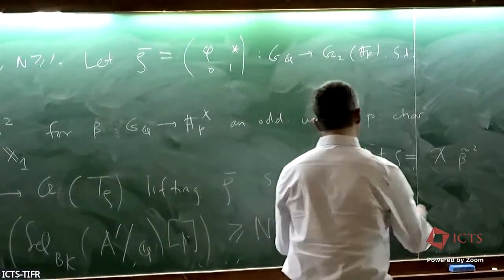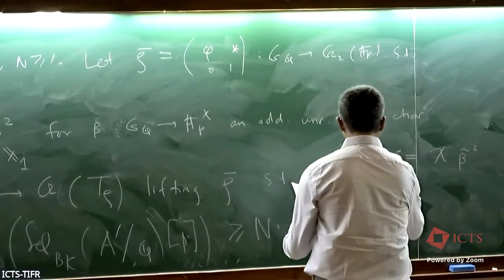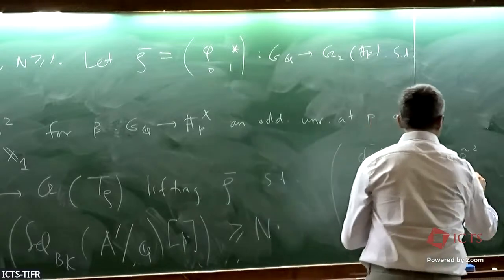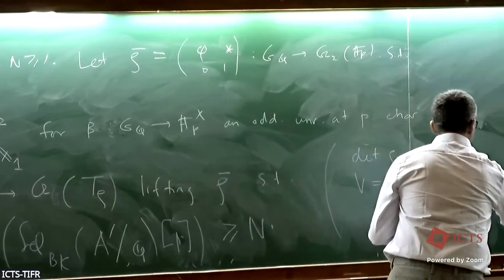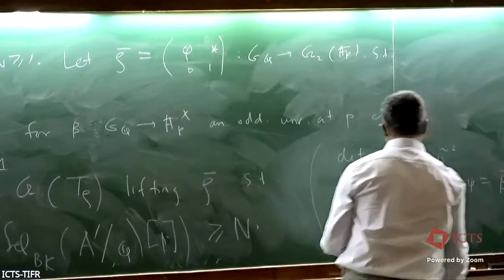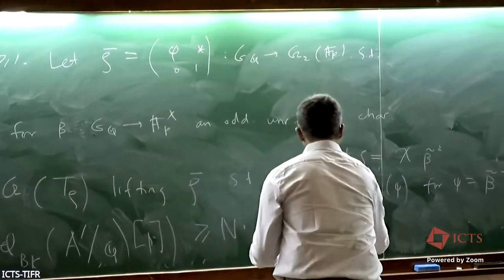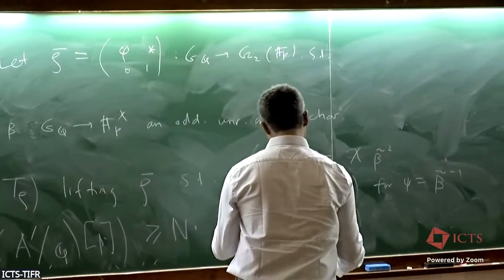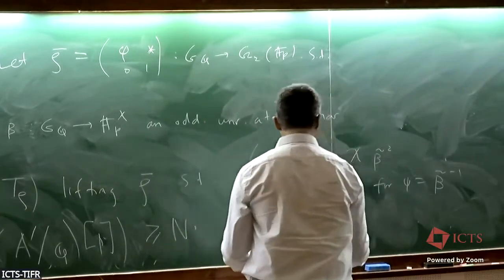There are some other facts. And what is this A prime? So V is, you twist V rho by psi, for psi to be beta tilde inverse. E is similarly the twist of T rho by psi. And A is V mod T and A prime is V mod T prime.